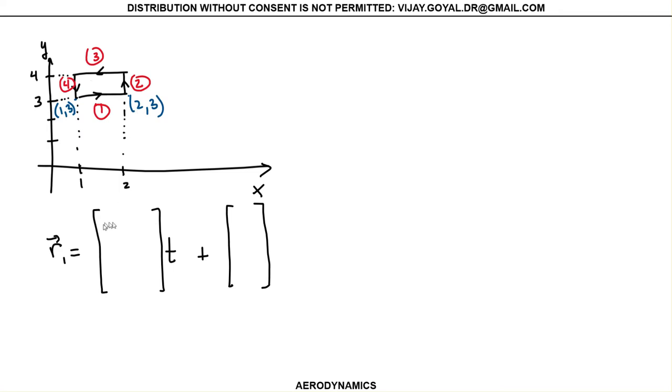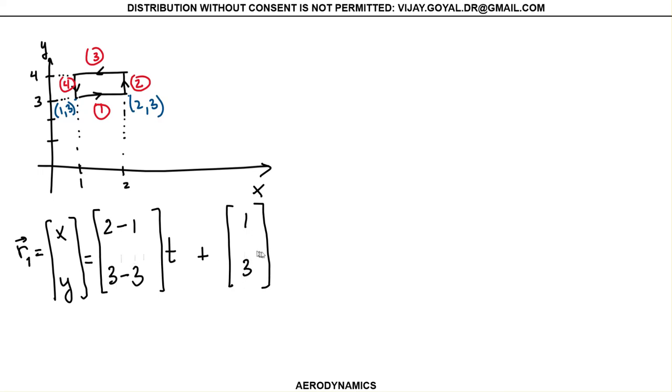So let me write this down here. This is the value in x, this is the value in y. In x, I take the subtraction, the last point minus the first one, that would be 2 minus 1, 3 minus 3. And I start with my initial point, which has a value of 1 and 3.